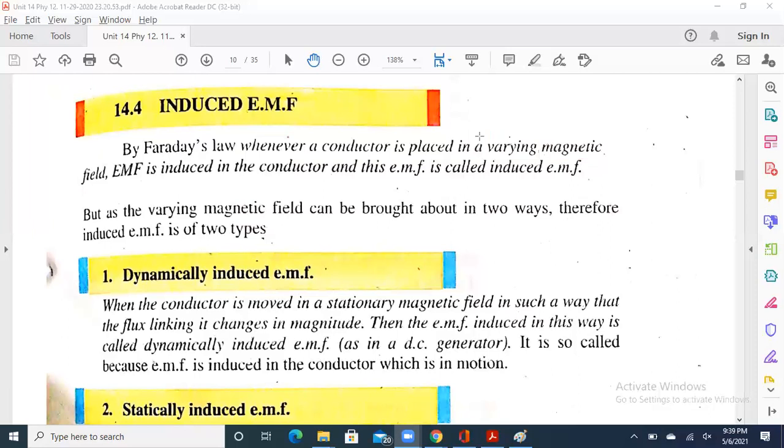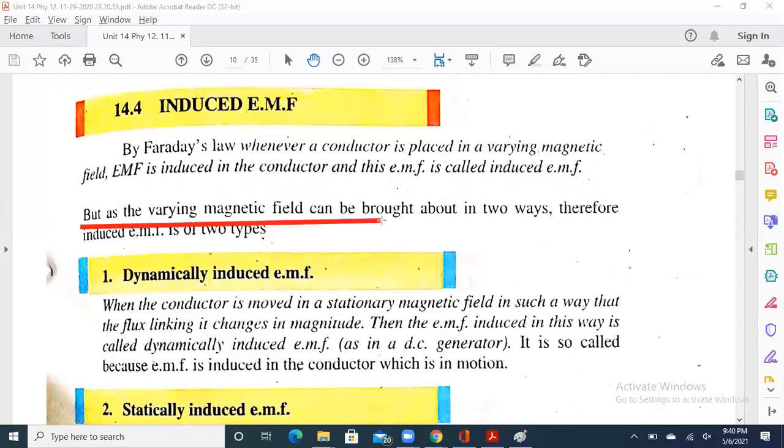Here the EMF is induced in the conductor when the magnetic field is varying, and this EMF is called the induced EMF. Simply, you should understand that when there is a relative motion or relative change of magnetic field, and EMF is produced as a result, that is the induced EMF.